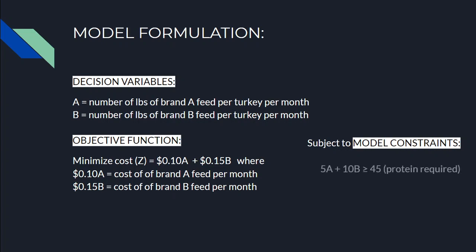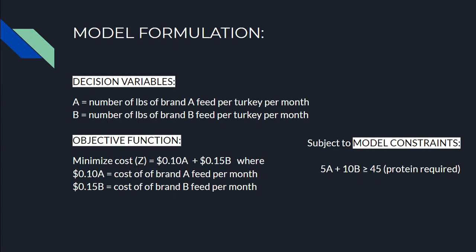Subject to constraints, first, 5A. So, if we go back to our problem, okay, di ba sabi, si brand A, pagdating sa protein, meron siyang 5 units per pound. Right? Tapos, si brand B naman ay merong 10 units of protein per pound.